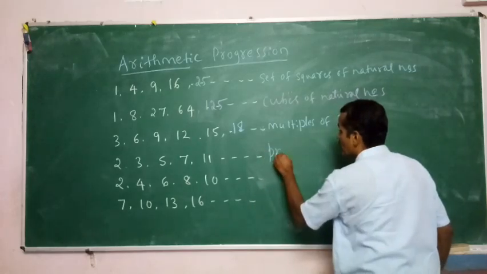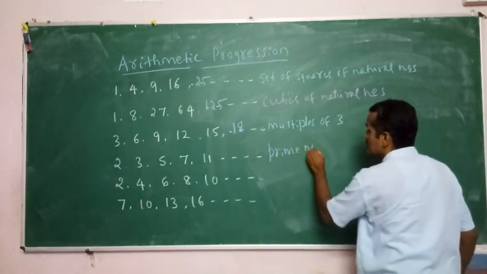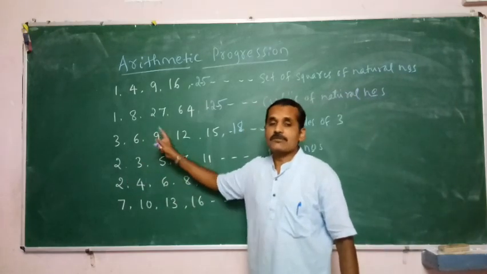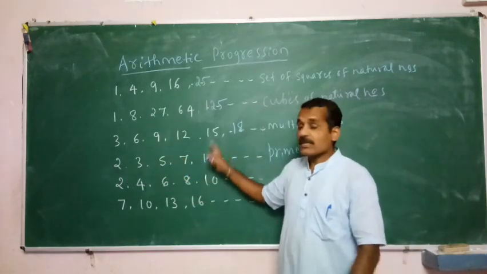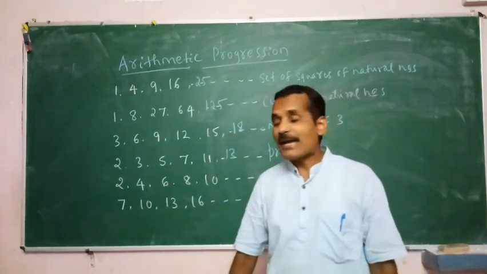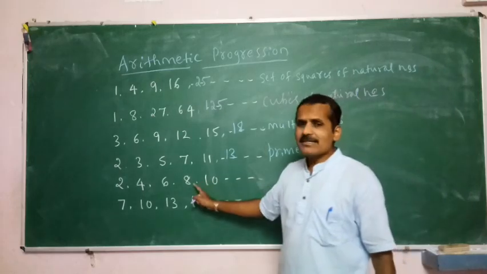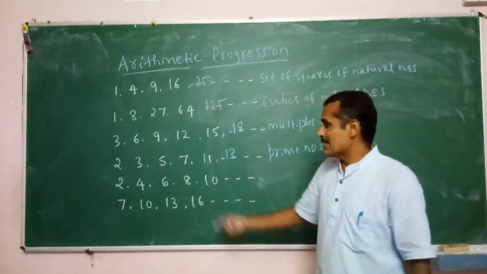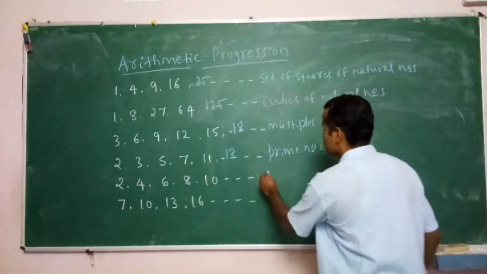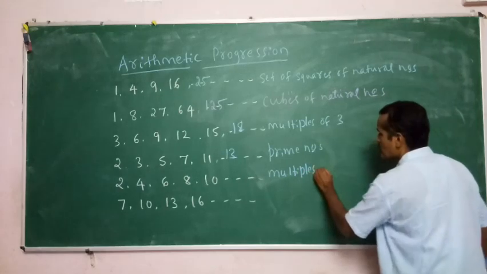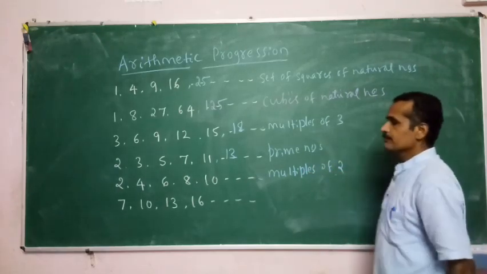See, prime number is 2, next number 3, next is 5, next is 7, next is 11, next is 13. What are these? You can say the set of even numbers, or multiples of 2.